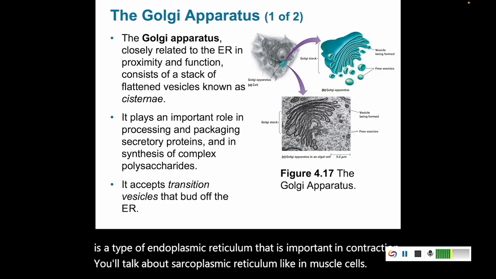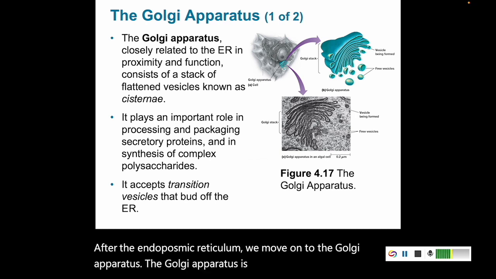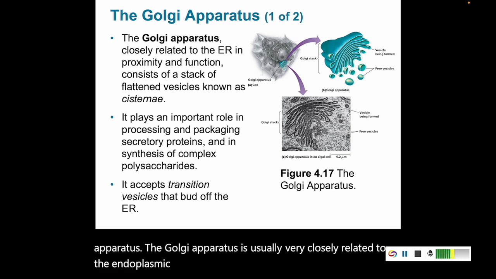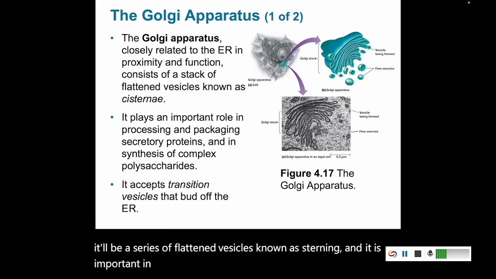After the endoplasmic reticulum, we move on to the Golgi apparatus. The Golgi apparatus is usually very closely related to the endoplasmic reticulum, both in location and in function. It is a series of flattened vesicles known as cisternae, and it is important in processing and packaging secretory vesicles.